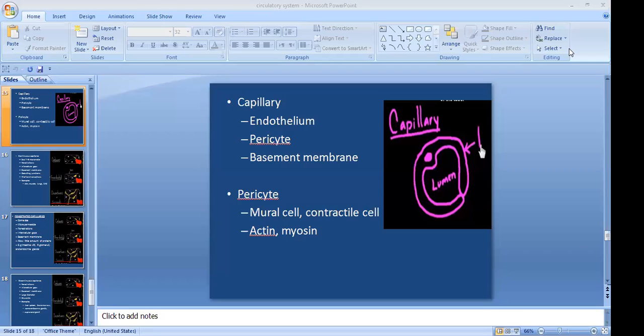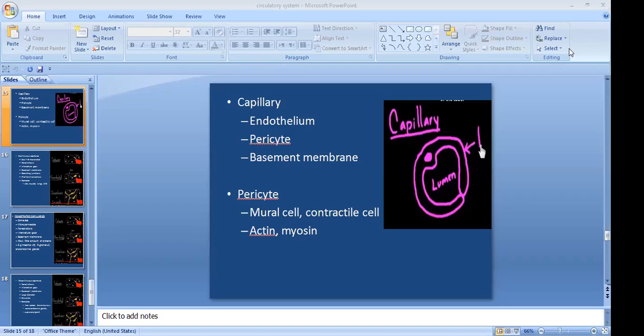Now, pericytes. Pericytes are the contractile cells, and these cells are also called mural cells. They are composed of actin and myosin. Now, what are the functions of pericytes? The pericytes which are present in the capillary or the post-capillary venule cause the contraction and relaxation of the capillaries and post-capillary venules.